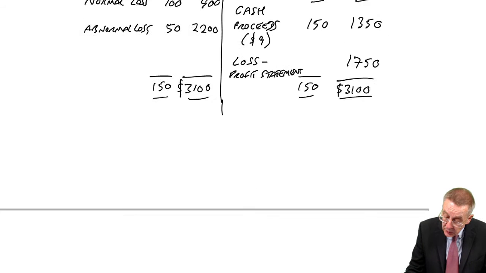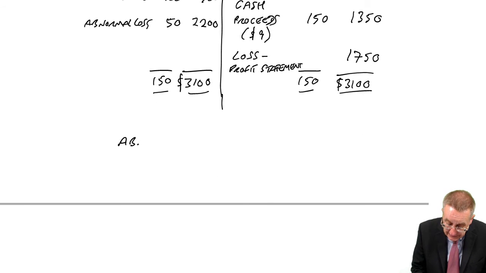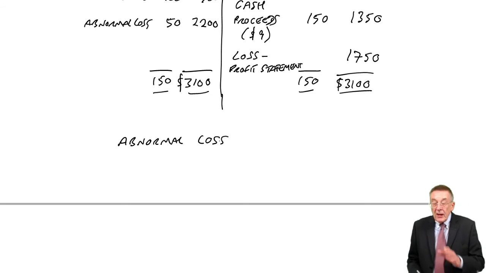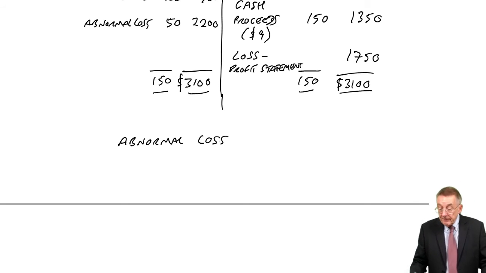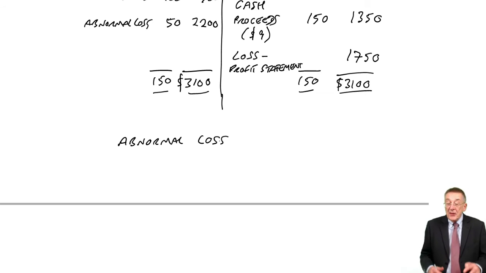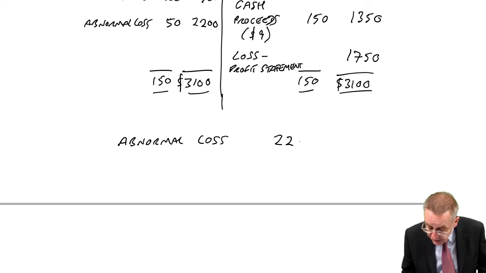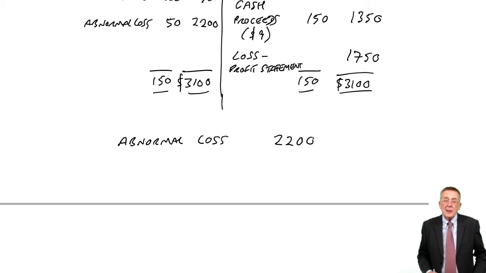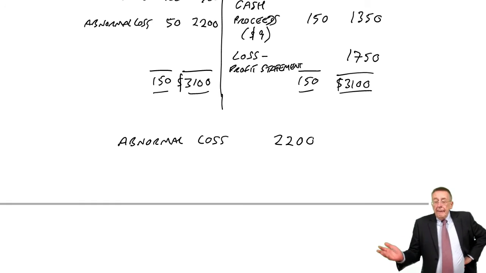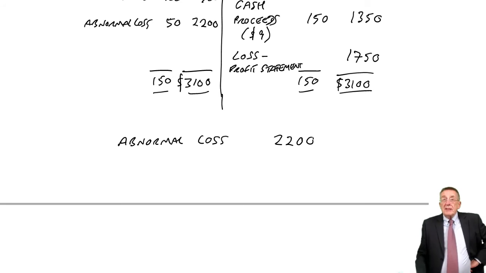But you see, the abnormal loss, there were 50 units which should have been good units and weren't. Had they been good units, they'd have been worth 2,200 to us. Because they were waste, we effectively lost that.